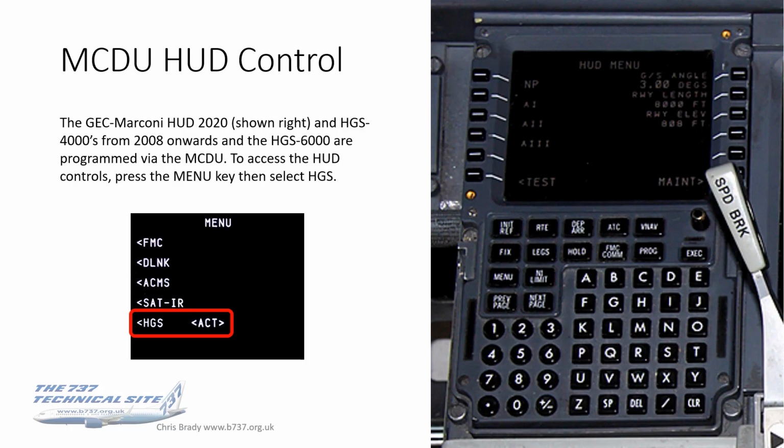The GC Marconi, that's shown right, and the HGS 4000s, and of course the 6000s, they're programmed from the McDo. To access the HUD controls, you simply press the menu key and then select HGS, and that'll take you through to the HGS pages in the FMC there.